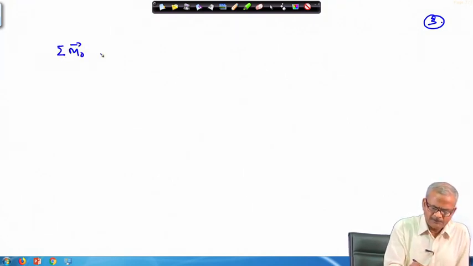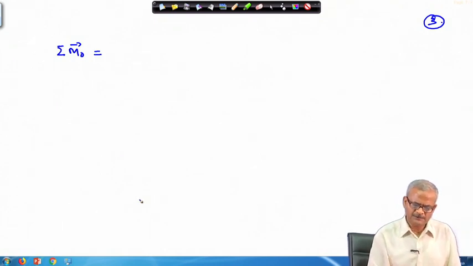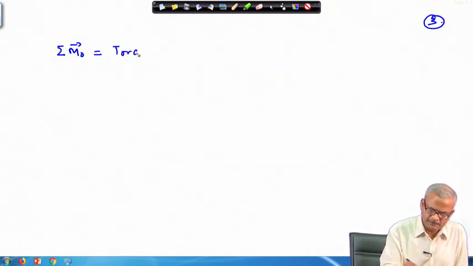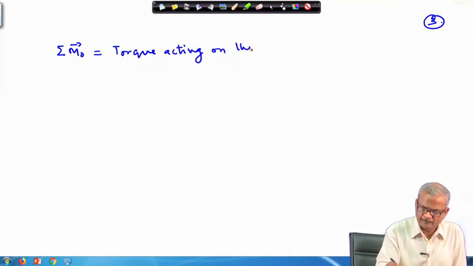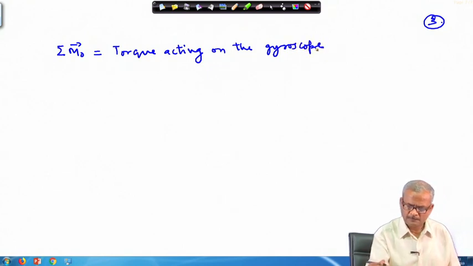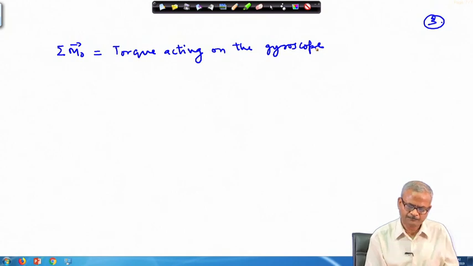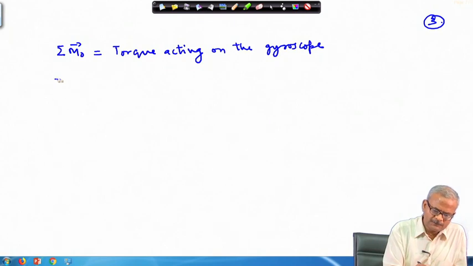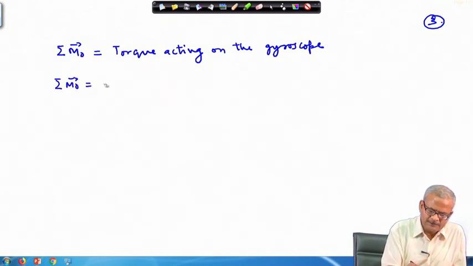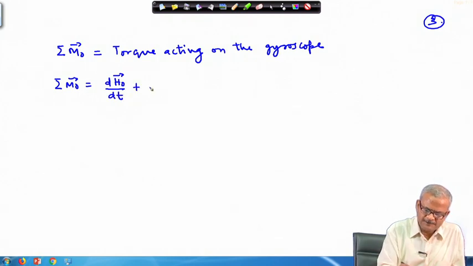So, if m 0 is the torque acting on the gyroscope, we can write this as m 0 equal to d h 0 by dt plus capital omega cross h 0.